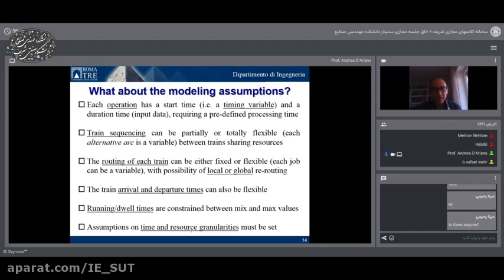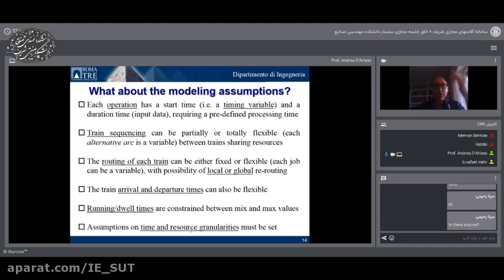The more you divide your track in small pieces, like you can divide the track in block sections between signals, or you can divide the track in track circuits, the distance between two track circuits, and so on, the more you go in depth, the more you move from a macroscopic model, the more complexity you will have to solve the problem. The level of granularity depends on the customer objectives and the customer business rules, the constraints.